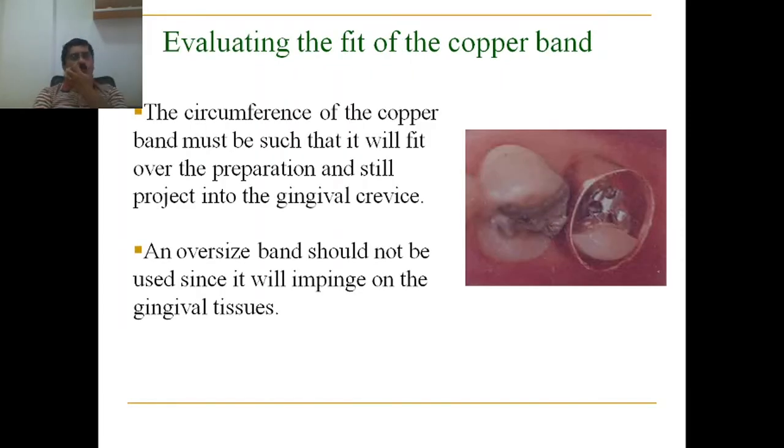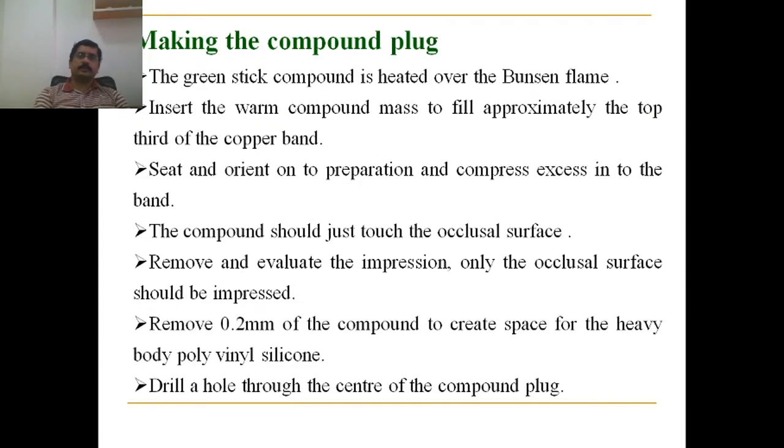Now we will evaluate the fit of the copper band. How will we evaluate it? The circumference of the copper band must be such that it will fit over the preparation and still project into the gingival crevice. However, the band should not be oversized, as it will impinge on the gingival tissues.